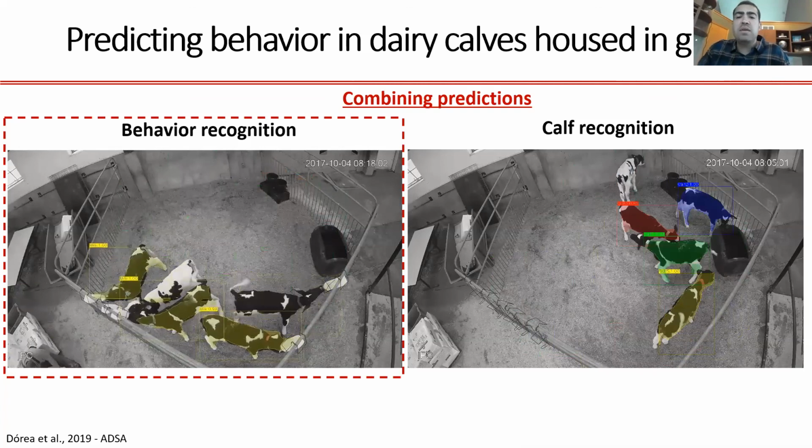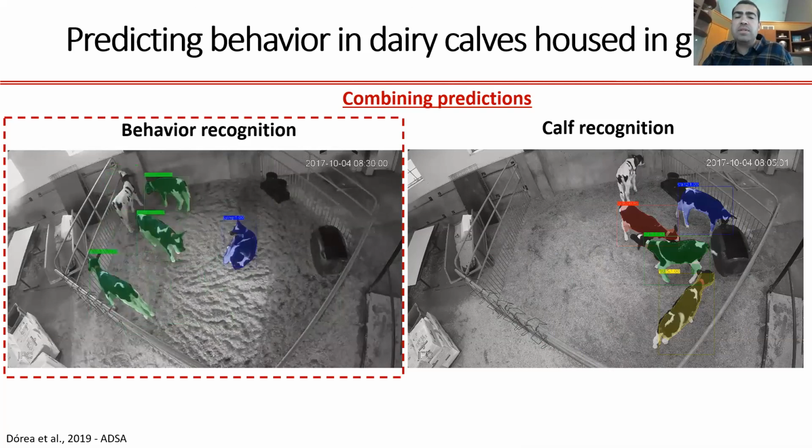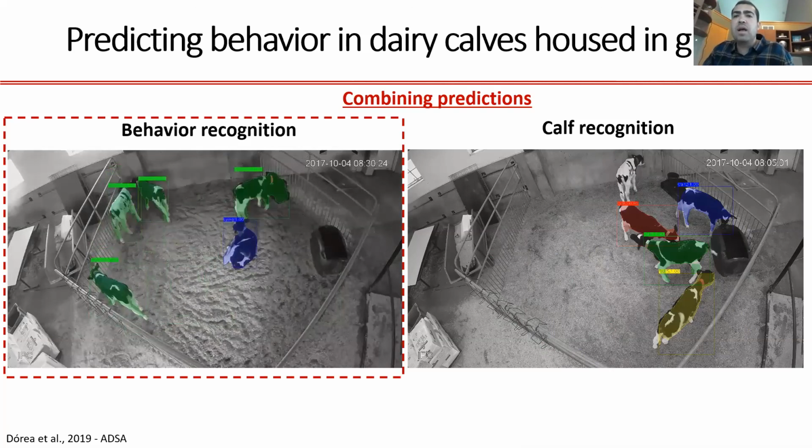So this is very powerful, and the precision that we can see in those measurements can definitely help us to identify health issues, for example, right? And that's the goal with those behavior predictions: how can we detect early an animal that will get sick, take an action based on that information, and make our system much better.